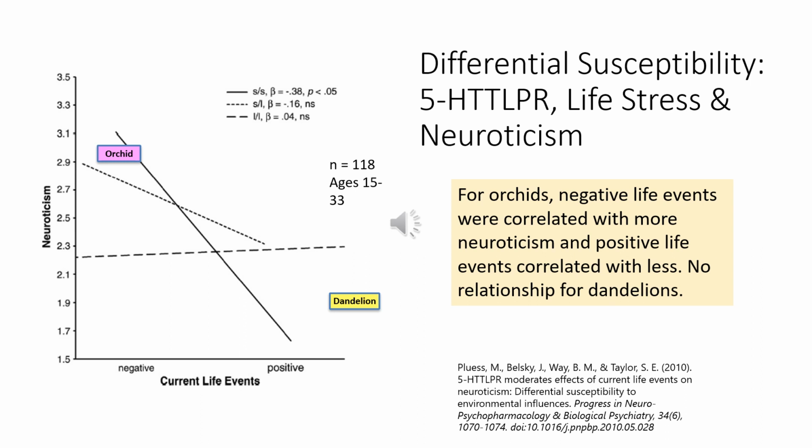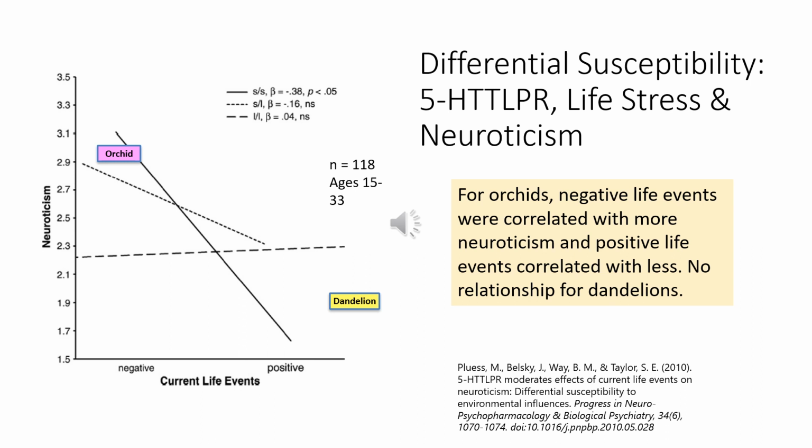So here's an example of differential susceptibility using the serotonin gene, 5-HTTLPR. It studied whether people had the homozygous short version of the gene, which is SS, and that's associated with being most orchid-like; the homozygous long version, LL, associated with being a dandelion; or something in the middle, heterozygous, one short allele and one long allele.